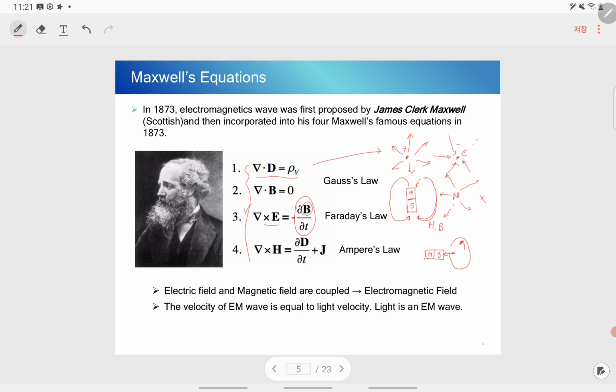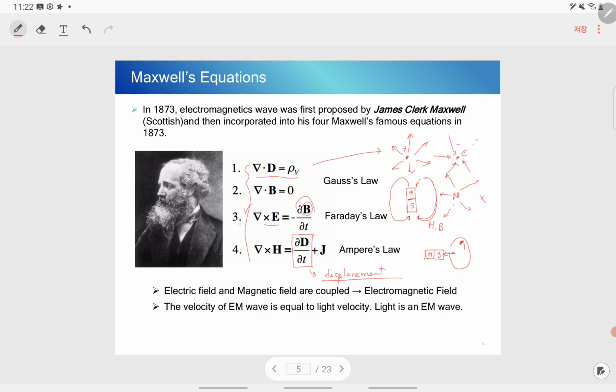The fourth one is the opposite of Faraday's law: as we change the electric field, we can generate H. This is the term Maxwell added to his equations, the displacement current. Maxwell was a mathematician, not an experimental physicist, so he was really good at math.